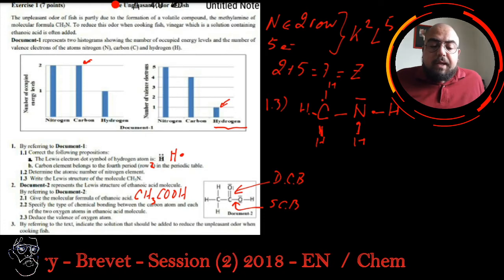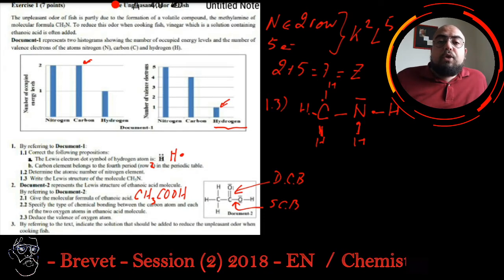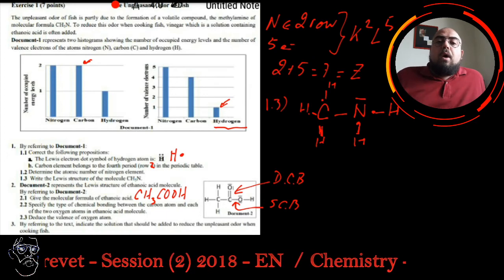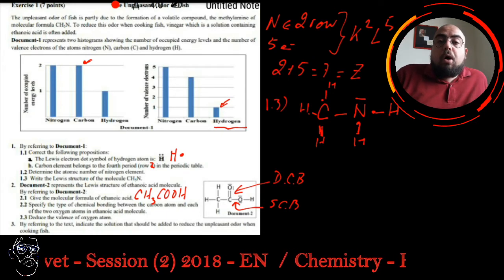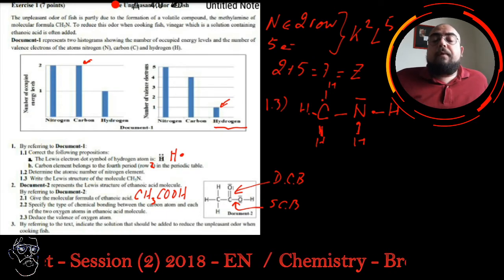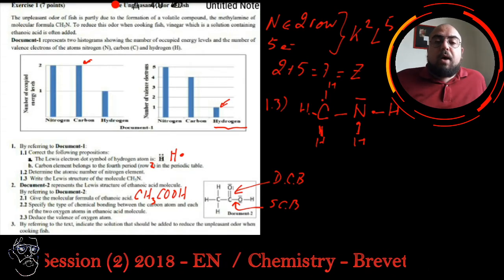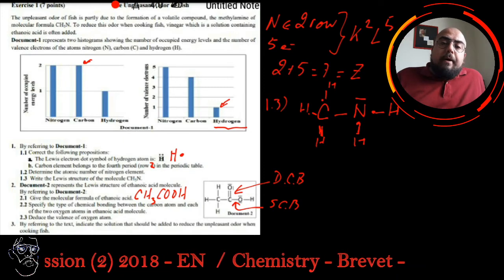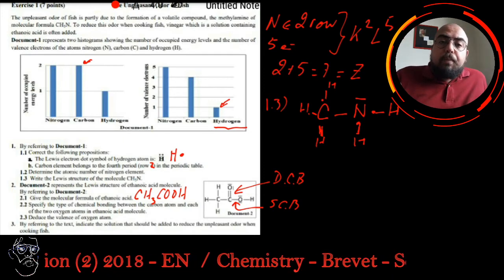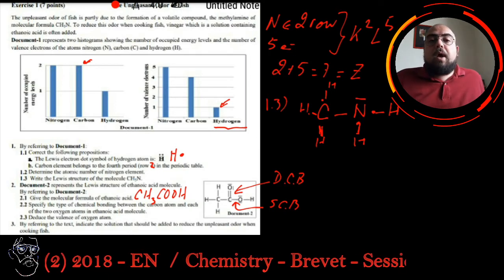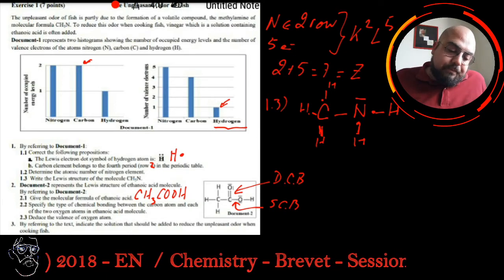In the first case, the oxygen is sharing one electron with the carbon, so we have a pair of electrons which are shared. That's why we have a single covalent bond. And in the second case, the oxygen is sharing two pairs of electrons with carbon, from both sides. That's why we have a double covalent bond.